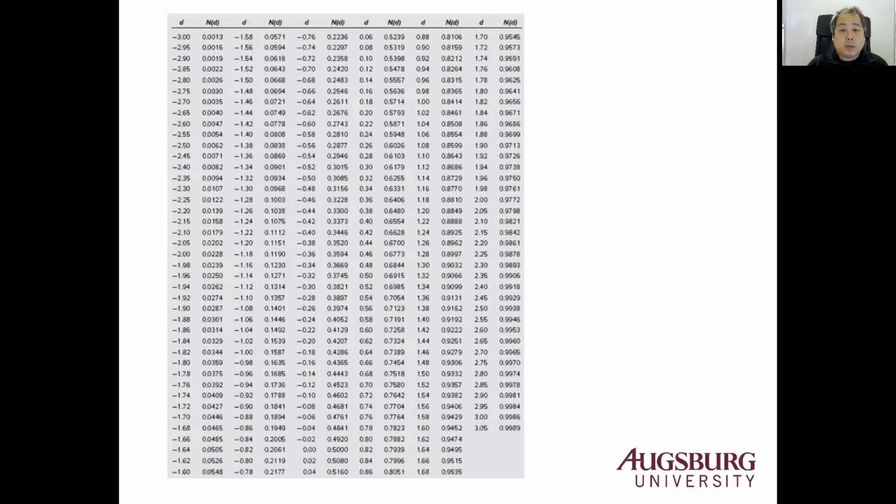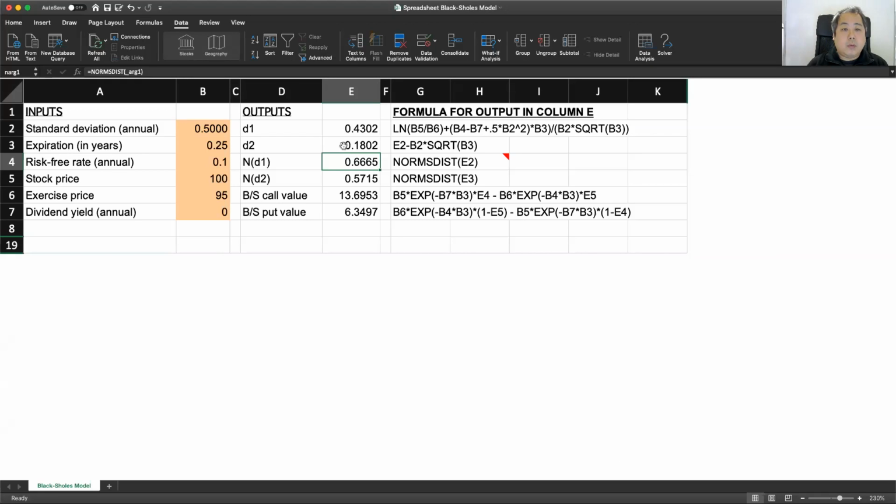So go to the Excel spreadsheet again, and we have 0.4302 for D1 and 0.1802 for D2, and there is a formula called NORM.S.DIST. So NORM.S.DIST of D1 and NORM.S.DIST of D2 is basically what it means.